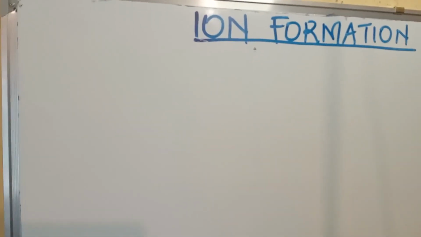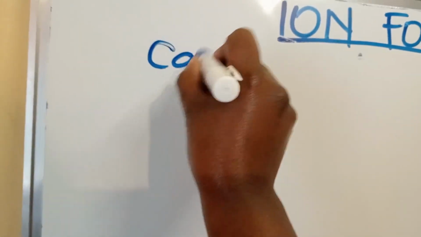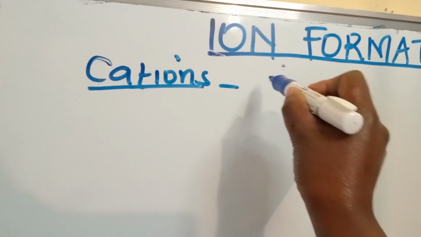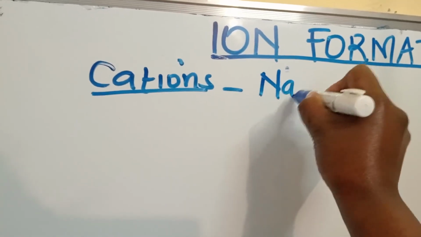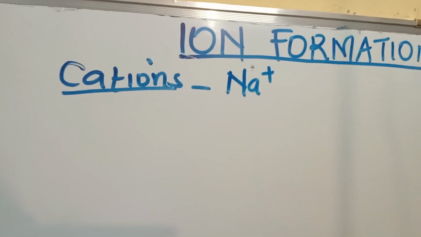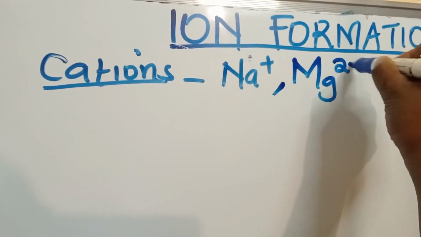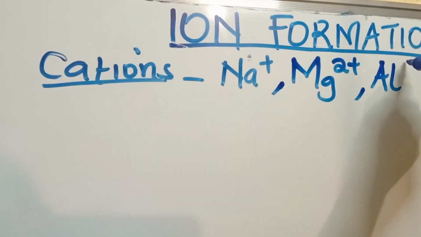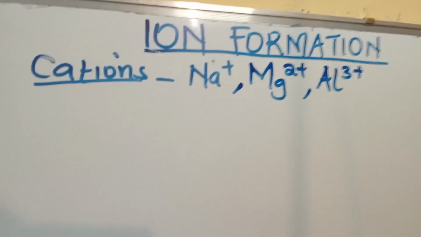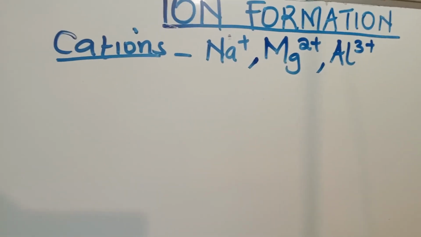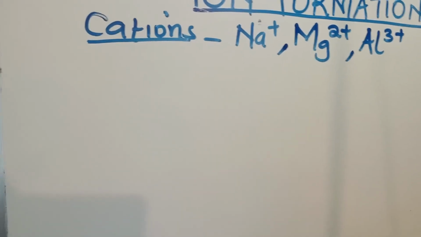We will begin with a few cations. As we began this lesson, I gave examples of cations: sodium ion, magnesium ion, aluminium ion. So we can pick any of them. Let us begin with sodium.